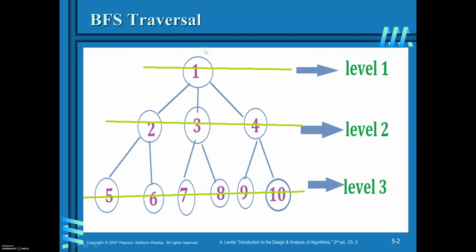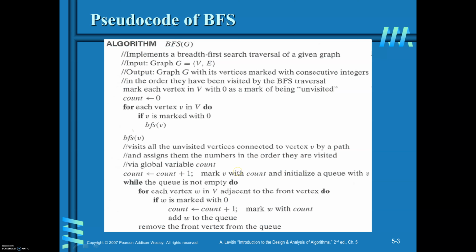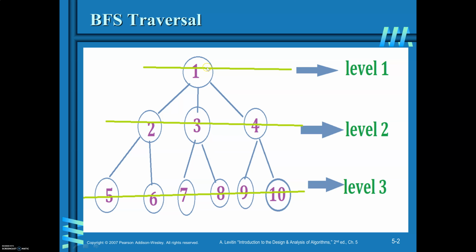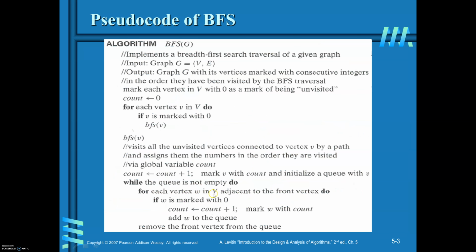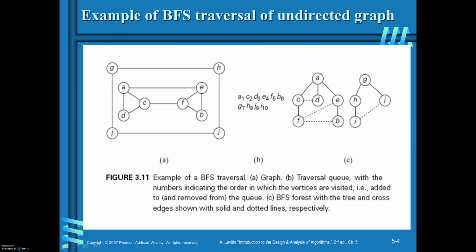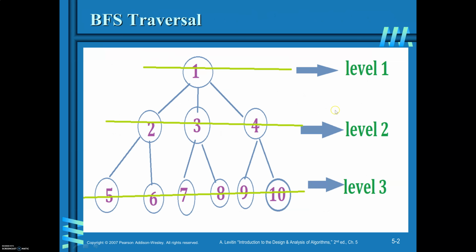Next step is to increment the count by 1 and push this 1 to the queue data structure. So now 1 is marked with value 1. This is included into the queue. Now while the queue is not empty, the queue is containing one element, that is 1. So for each vertex W in V adjacent to the front vertex, which is the front vertex currently, it is 1 itself.